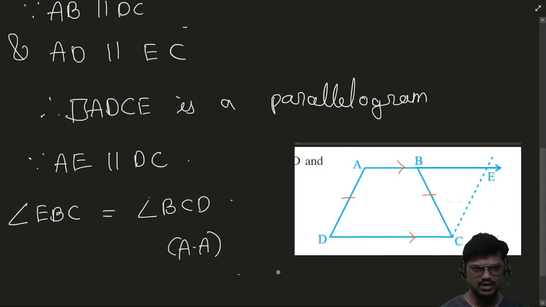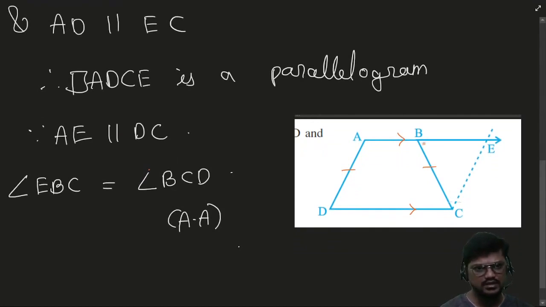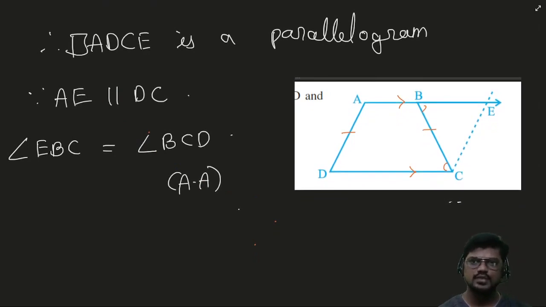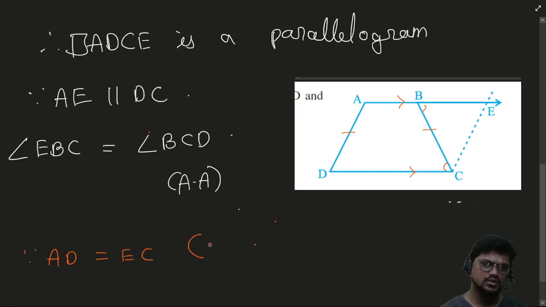This angle is equal to this angle. Fine. Also we know that AD is equal to EC. What is the reason? Opposite sides of a parallelogram are equal.